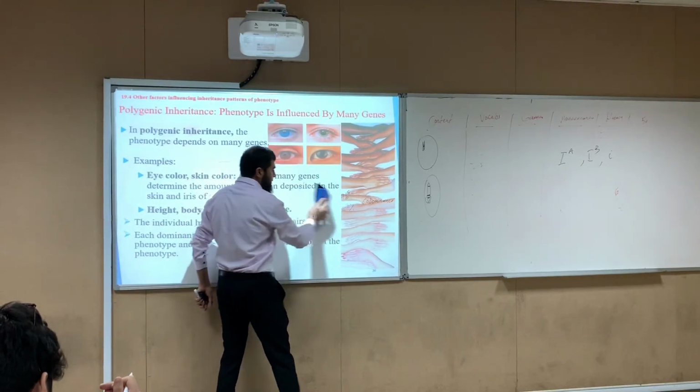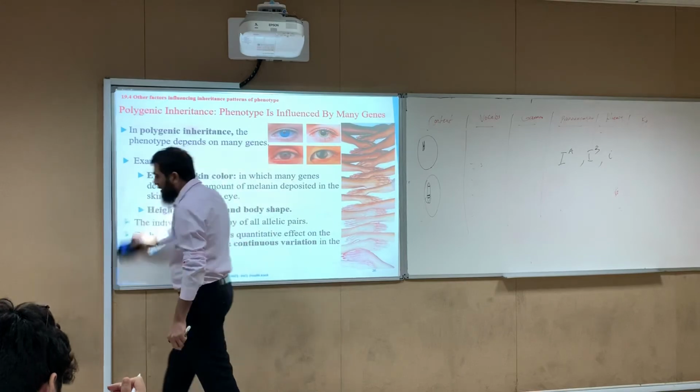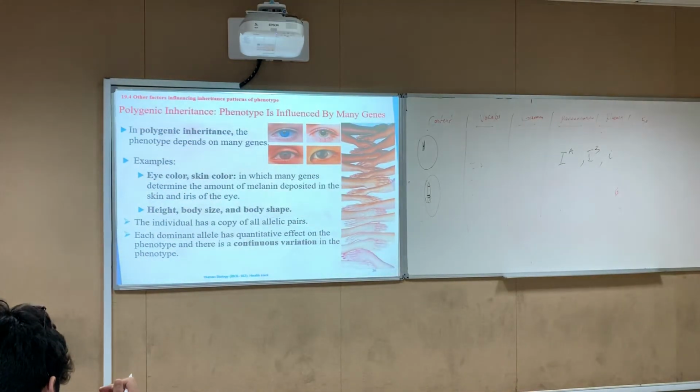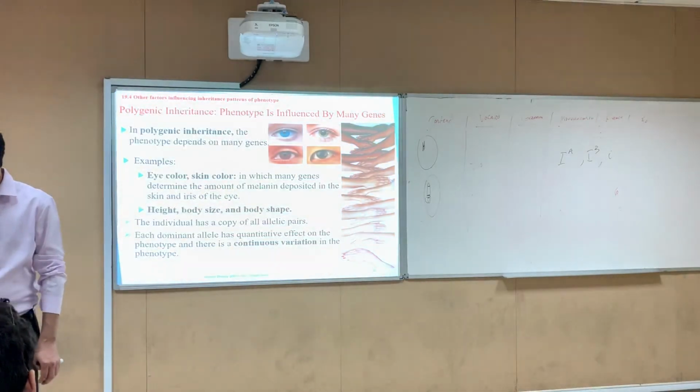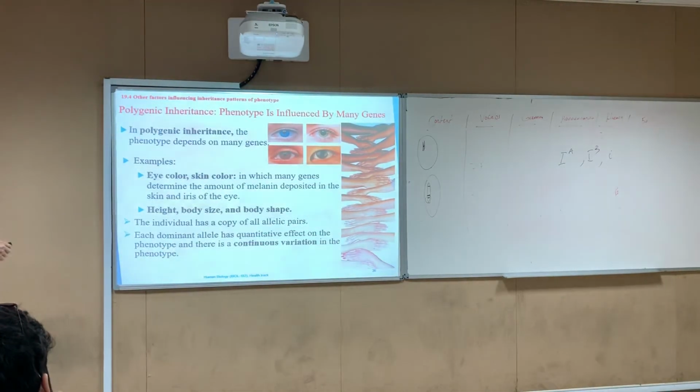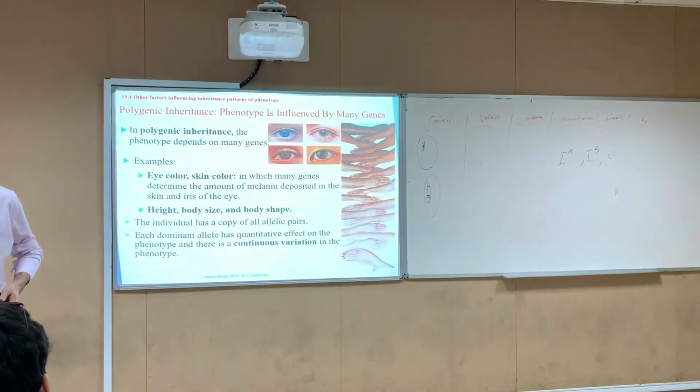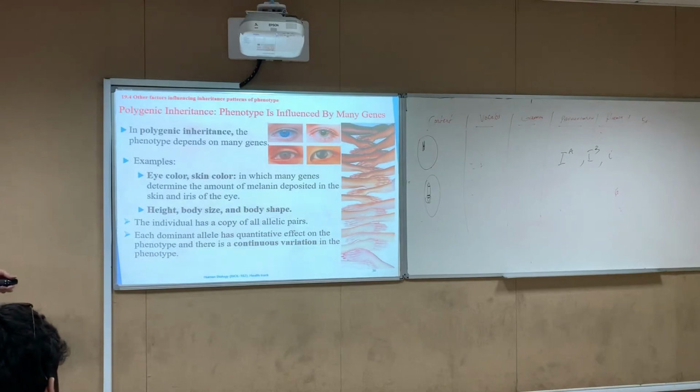Okay, guys, so we know about complete dominance, incomplete dominance, codominance, and we know examples of each of those. The next type of inheritance, which Mendel didn't establish, is modern genetics, which we call polygenic inheritance, where more than one gene or allele is involved in the inheritance of these traits, like eye color, skin color, height, size, shape.